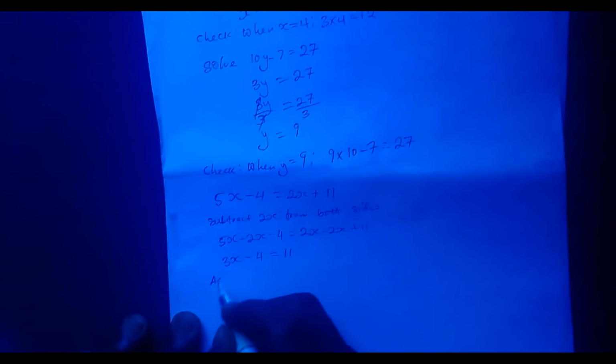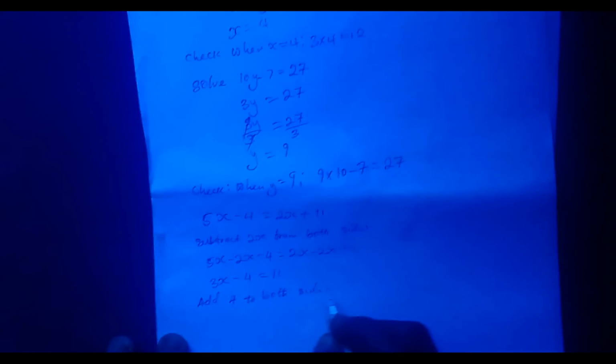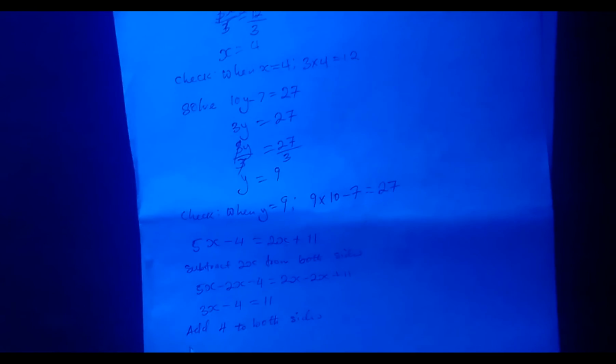Next you have to add 4 to both sides of the equation. Now 3x minus 4 plus 4 equals 11 plus 4.